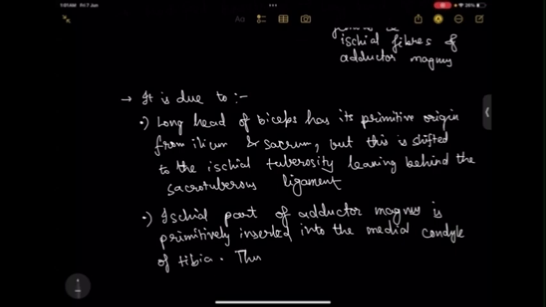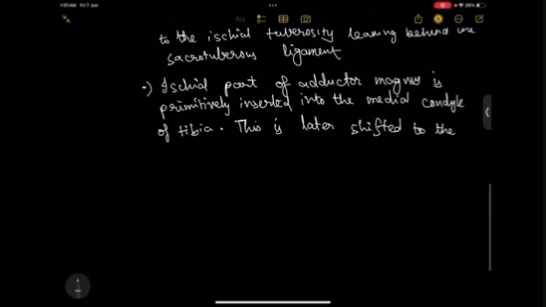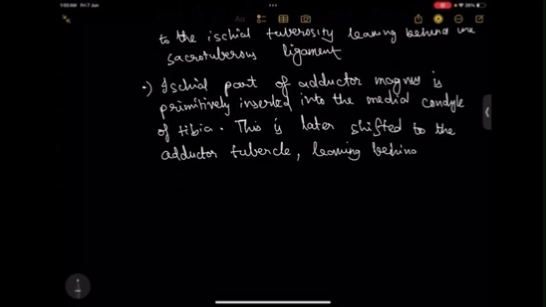This has shifted to the adductor tubercle of femur. And what is left as a remnant? The medial collateral ligament, the tibial collateral or medial collateral ligament, is left behind as a remnant.